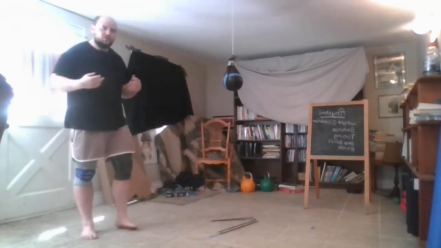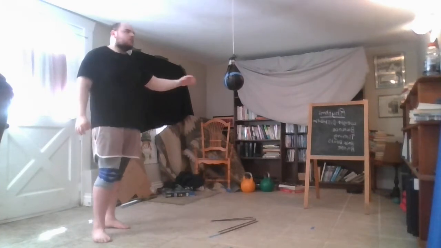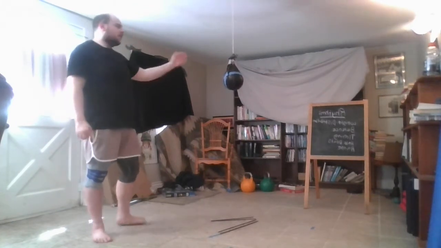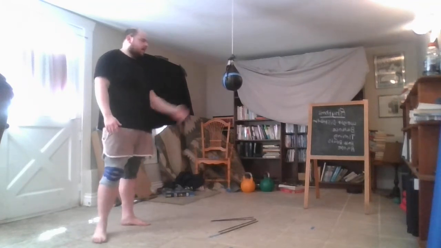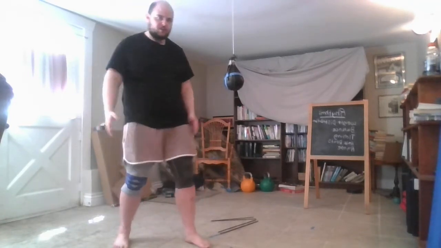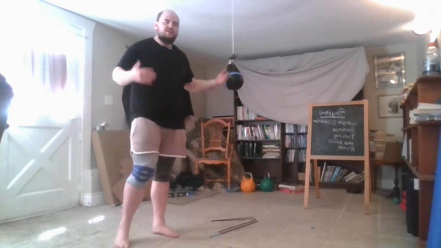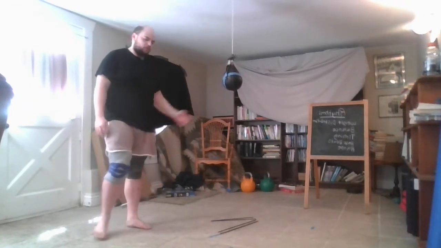Times within the fight where there's a lull. There's always going to be those times. But even if they don't do a perfect 1, 2, the concept of the weight distribution and the balance and the timing and the half beat and all that, the range, that still applies when they have their weight front foot versus back foot and vice versa. So that's why this concept is very important to understand. It's integrated into rhythm as a whole.